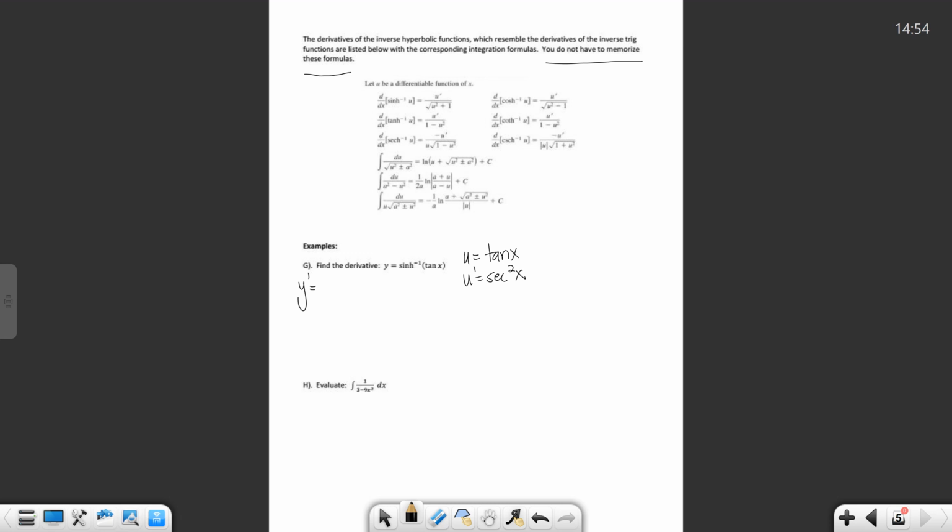Alright, I want to look at the derivative of inverse hyperbolic sine. So it's u prime on top, which is secant squared x, over the square root of u squared, well that would just be tangent squared, plus 1.